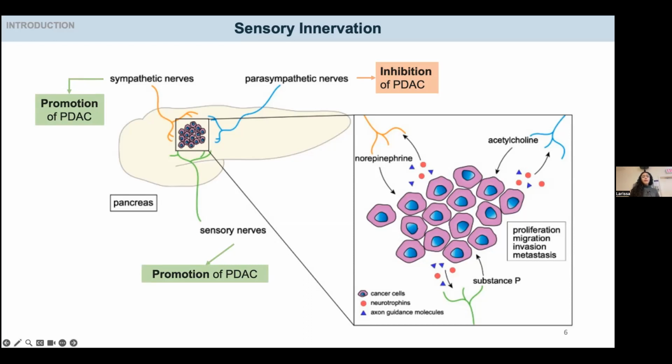Studies have shown that PDAC is associated with extensive innervation, which can have both tumor-promoting and tumor-suppressive effects. Studies from various research teams have suggested that the sympathetic and sensory innervation can promote the growth of pancreatic cancer, while the parasympathetic system appears to limit the development of tumors in the pancreas.